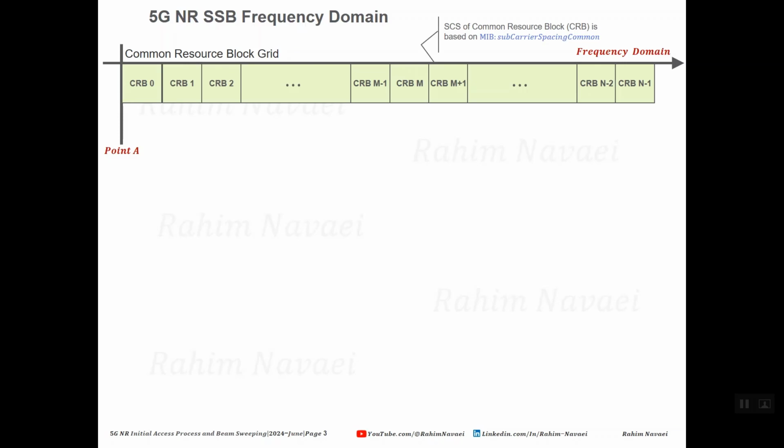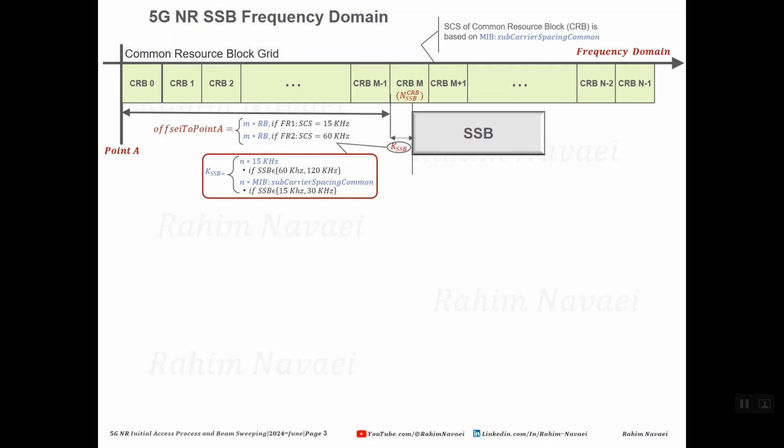Point A is a common reference point identifying the center frequency of subcarrier 0 of common resource block 0, CRB 0. A 5G device, by combining the offset to point A and KSSB, can deduce the exact location of the SSB within the entire channel bandwidth.